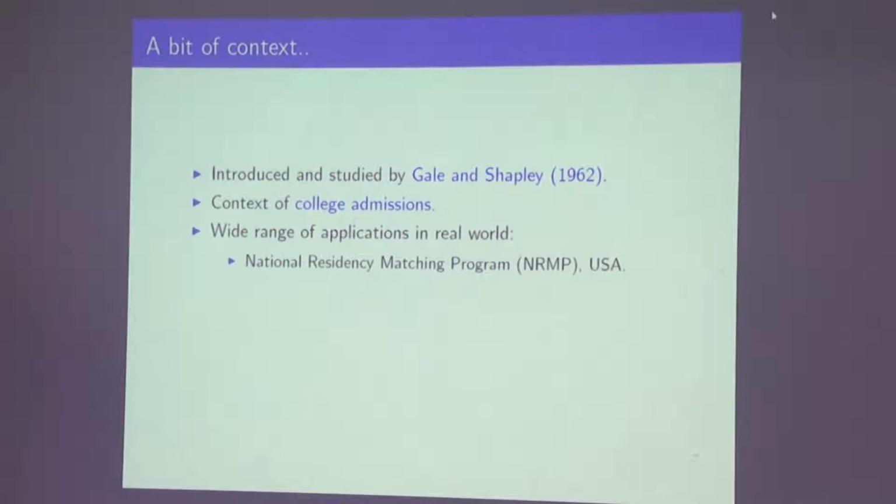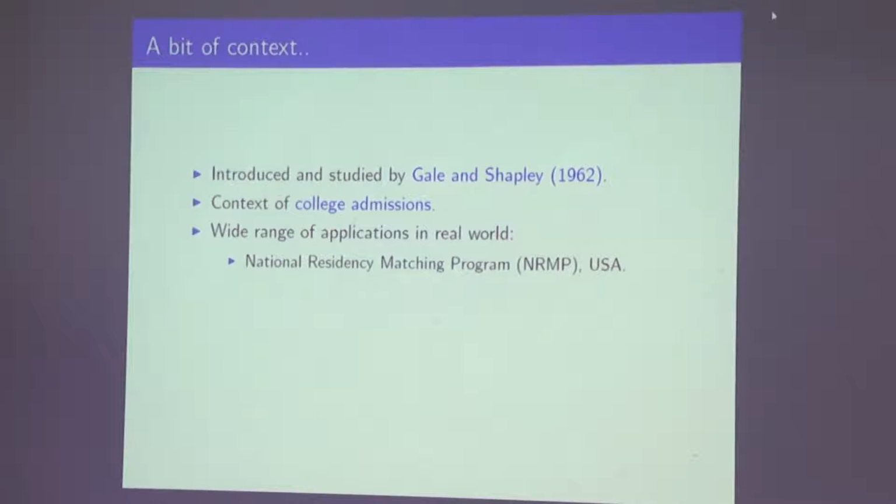And if you had this decentralized mechanism, that is, every hospital just looks at its own applicants and makes offers, then a lot of vacancies were remaining, and a lot of medical residents were remaining unhappy, or they were not even getting assigned to hospitals when there were vacancies. Because everybody makes offers to the topmost people who are available, and then of course the person can only take up a seat at one place for this internship.